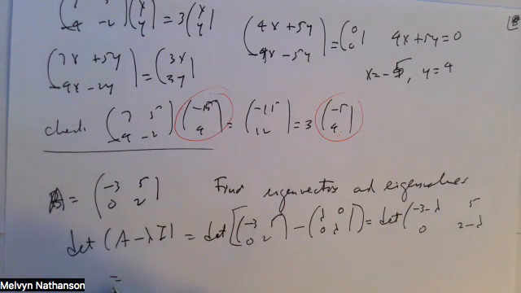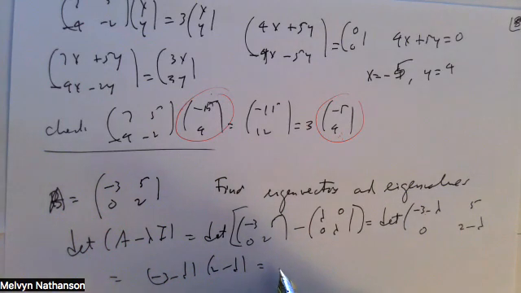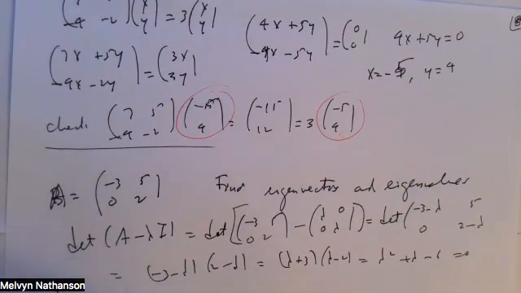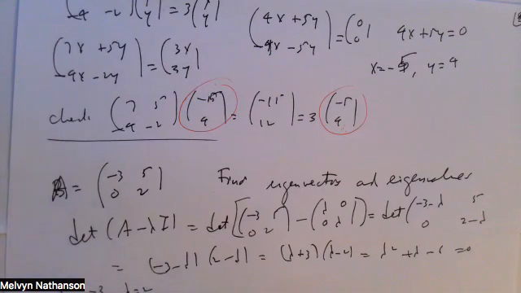And that is minus 3 minus lambda times 2 minus lambda. Or if I like, I'd rather write it as lambda plus 3 times lambda minus 2. Oh, that case is pretty easy. This is lambda squared plus lambda minus 6. But you can see from this that the roots of this are lambda equals minus 3 and lambda equals 2.